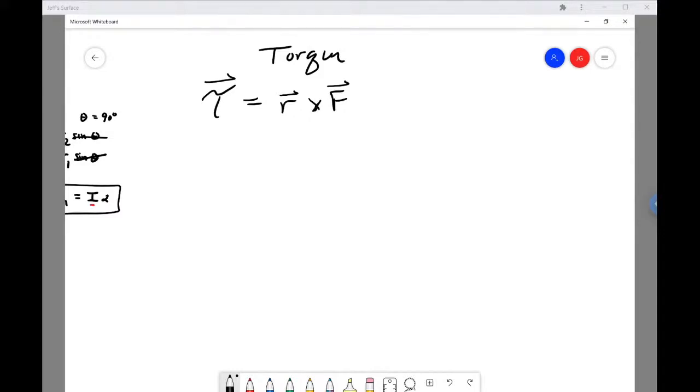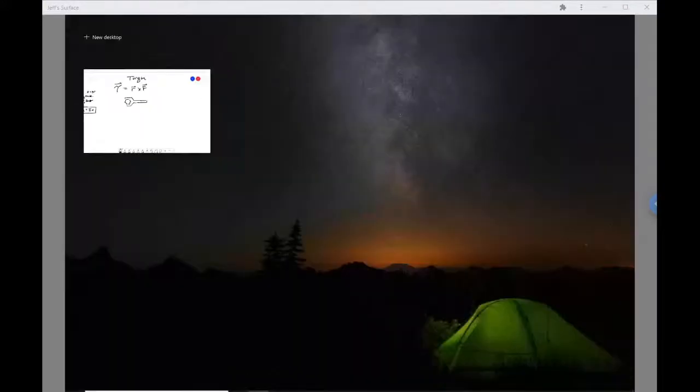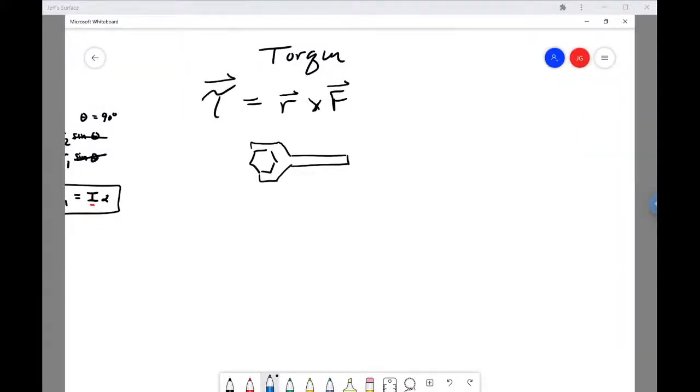So, if you ever try to loosen a nut with a wrench, and you're trying really hard to loosen this nut, you exert a force, right?